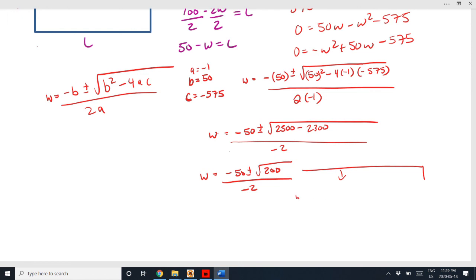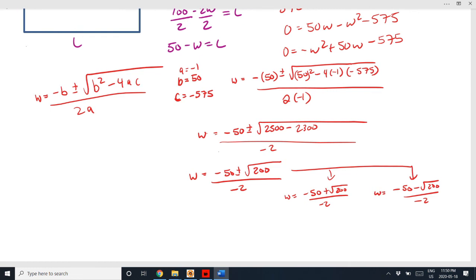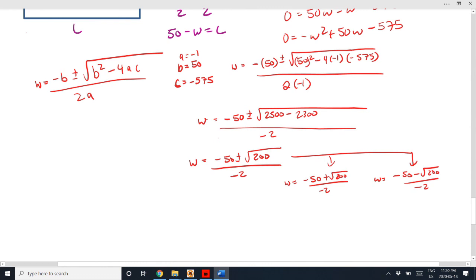So we're going to get w is equal to negative 50 plus the square root of 200 divided by negative 2, or negative 50 minus the square root of 200, all divided by negative 2. Okay, so we split up the plus and minus, and then we can actually solve for what the square root of 200 is. And the square root of 200 is approximately 14.14.